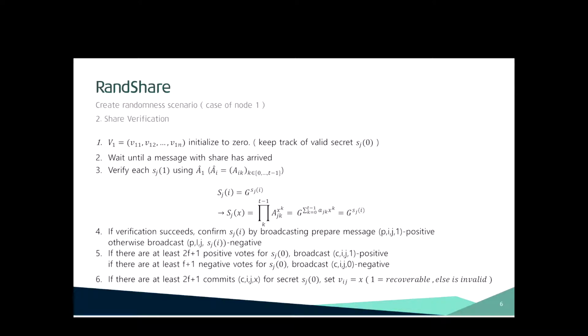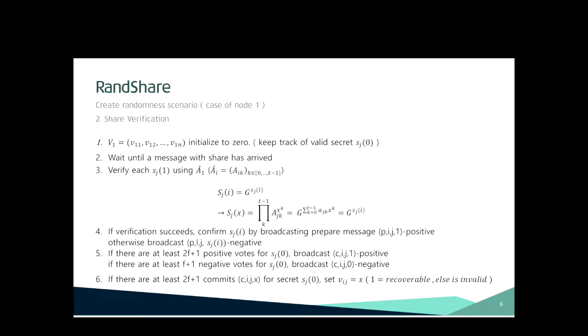If verification fails, then broadcast a P_ij0 negative message. If it receives 2f+1 positive votes for s_j(0), then broadcast C_ij1 as a positive commit message. If there are at least f+1 negative votes for s_j(0), then broadcast C_ij0 as a negative commit message.